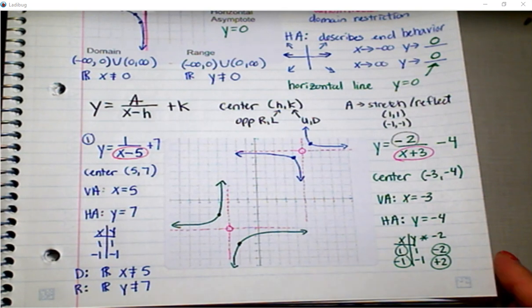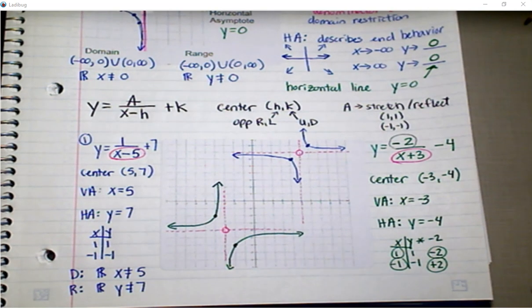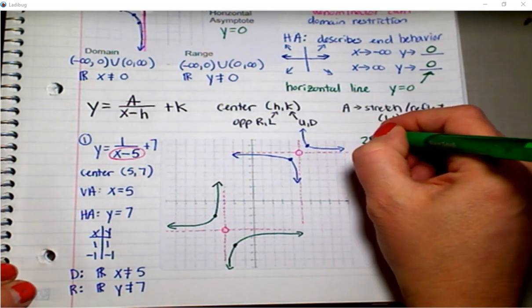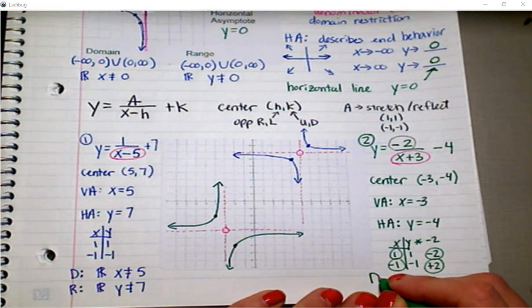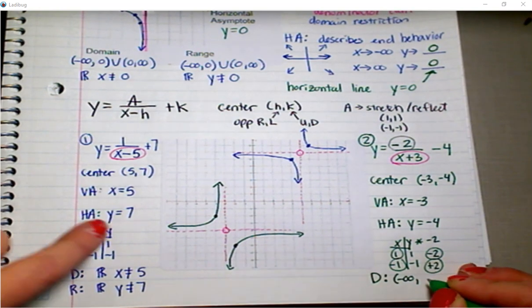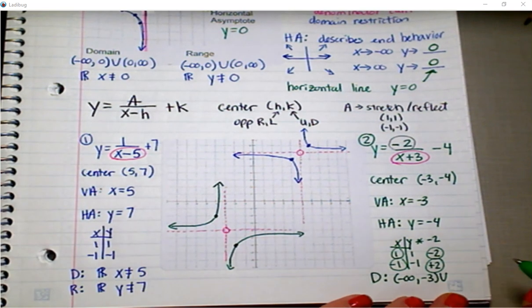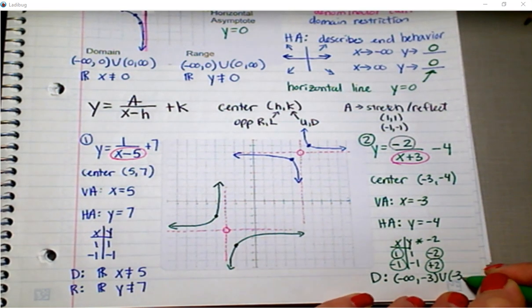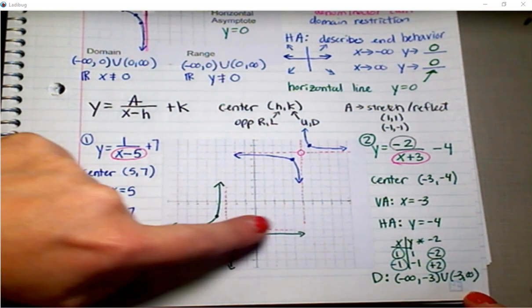Okay, we're almost at our time mark, so we're going to do one final example here. This is example 2. Domain and range. Domain is, I'll write it in the other format, negative infinity to negative 3 union negative 3 to positive infinity. I'm doing it off the graph, going left to right.